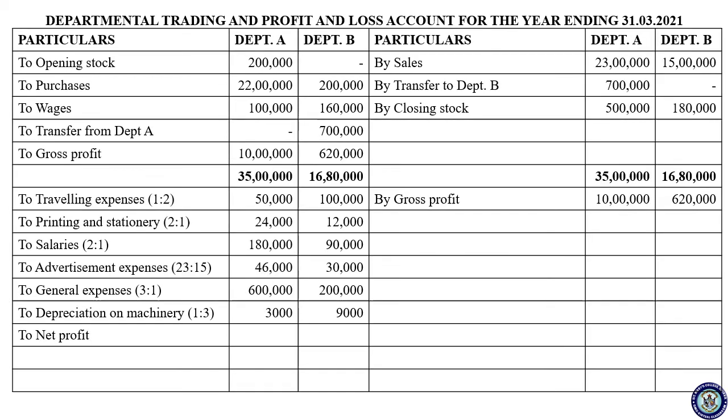So total, 10 lakh and 6 lakh 20. So difference 97,000 and 1 lakh 79,000.